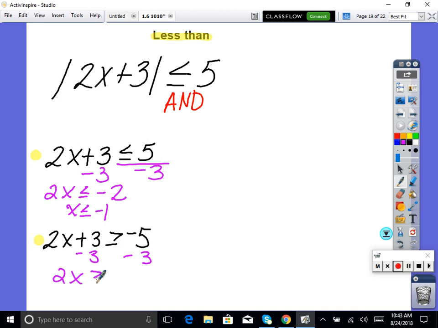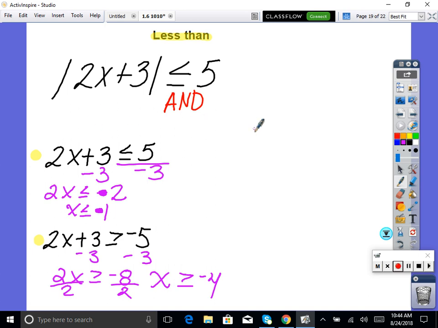Subtract 3, subtract 3. 2x is greater than or equal to negative 8. Subtract 3, subtract 3, so that's positive 2. Good point, good catch. So this should be positive 1? Yeah. Okay, good catch. Divide by 2, divide by 2. So x is greater than or equal to negative 4. Think about it. Starting at negative 4, we're going this way.